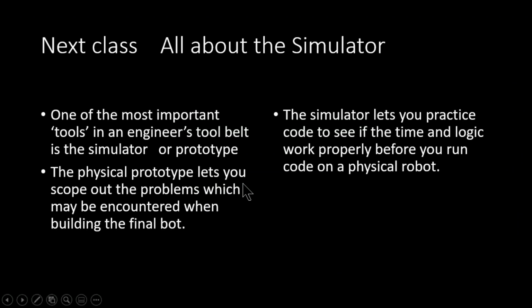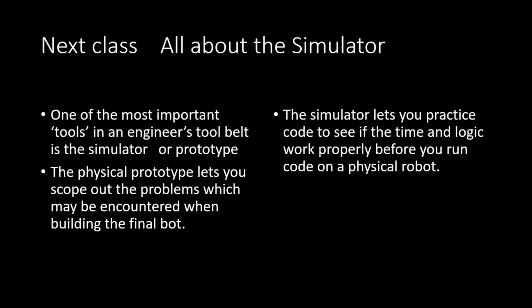Okay, so the next class is going to be all about the simulator. And probably one of the most important tools that an engineer has in his tool belt is either a prototype or a simulator. A prototype allows us to build a physical structure that's similar to what we want to build and allows us to work through the problems which could be encountered trying to build that particular structure.